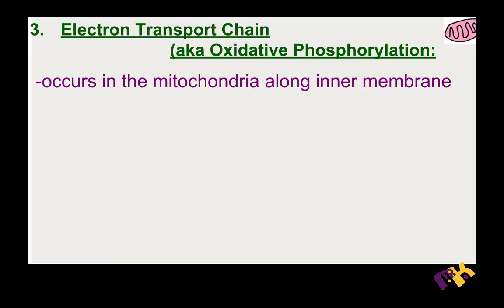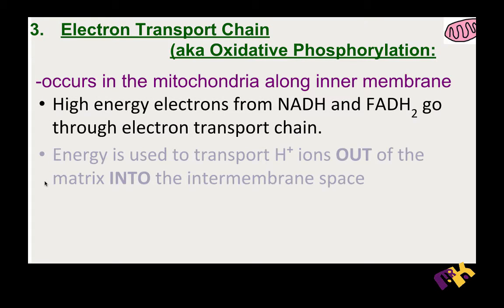In cell respiration, we're going to be moving these electrons along the transport chain, along the membrane, to pump H pluses out of the matrix and into the space between the membranes. This energy is used to transport H pluses out of the matrix and into the intermembrane space.